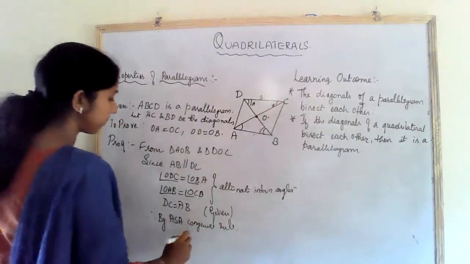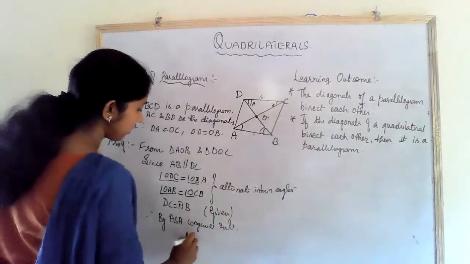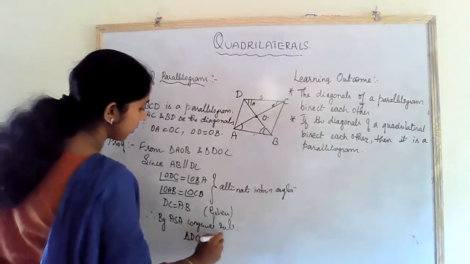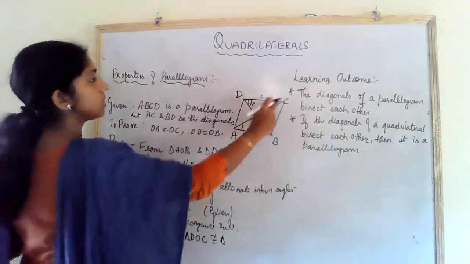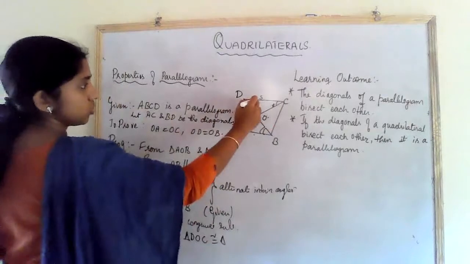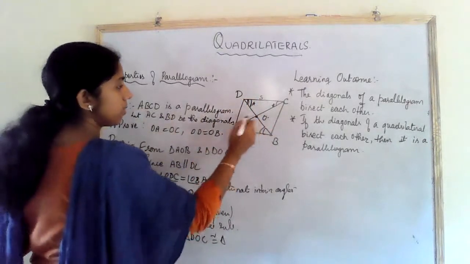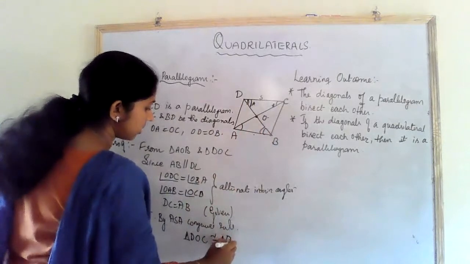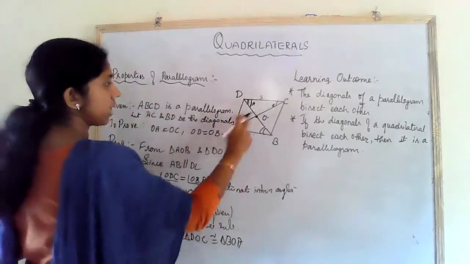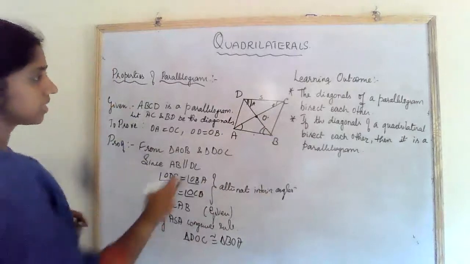what can you say? Triangle DOC is congruent to triangle BOA. The two angles come first, then O, so it will be BOA. I cannot take AOB because I started with this angle.